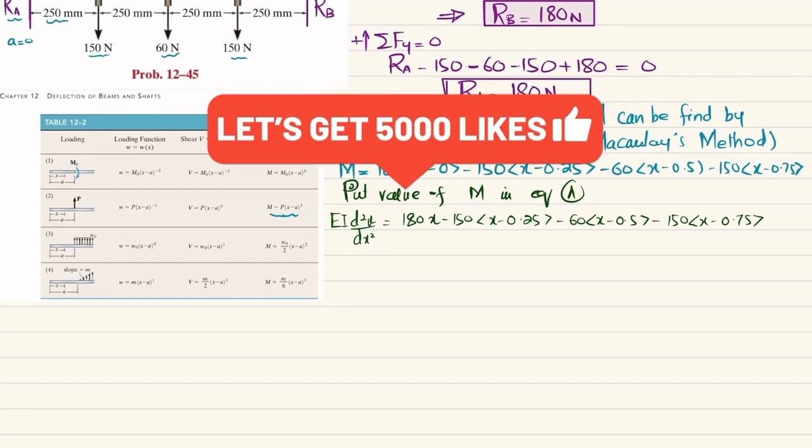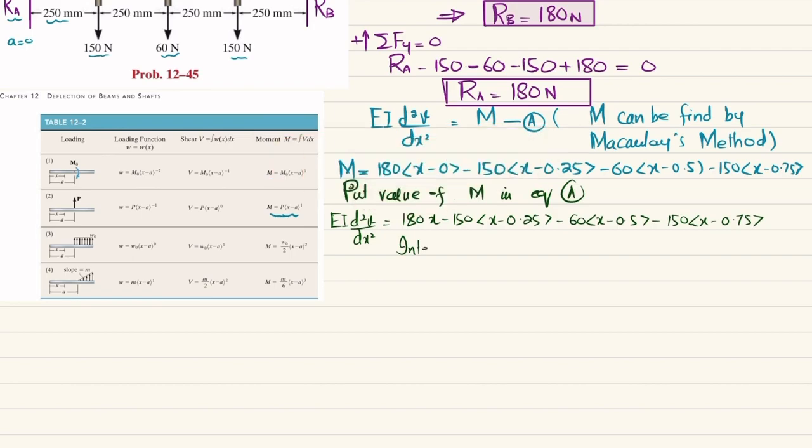So integrate this equation. You will get EI into dv over dx equal to 180 x square over 2, which is 90 x square, minus 150 into x minus 0.25 whole square divided by 2.